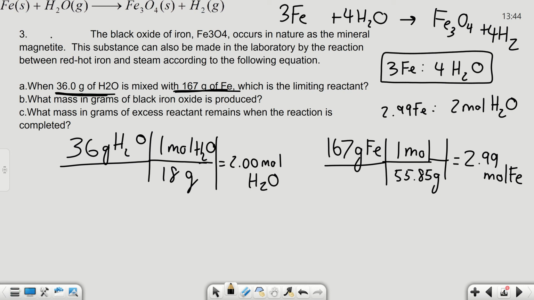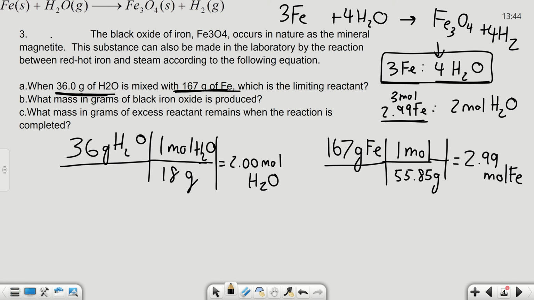Now, again, you might have to do a little bit more than this, but this reaction is saying I need more moles of water than I do of iron to complete the reaction, by a 4-to-3 ratio, which again is not that much. And 2.99, that's basically 3 moles.